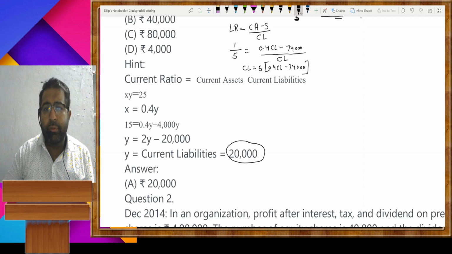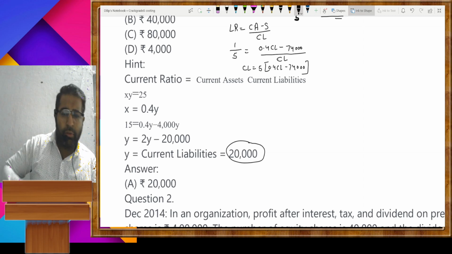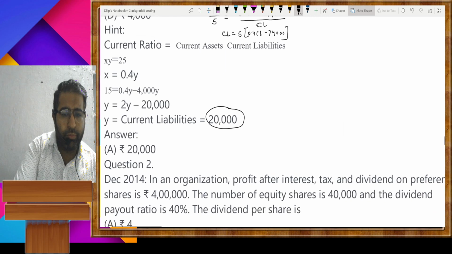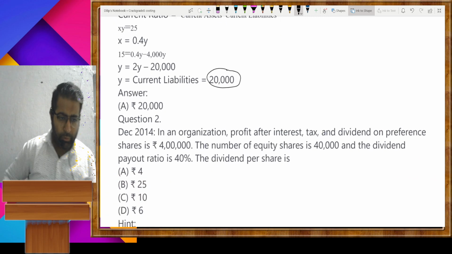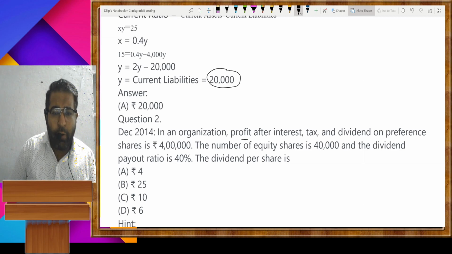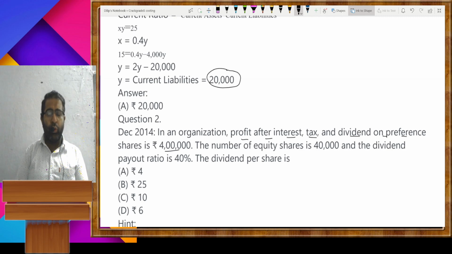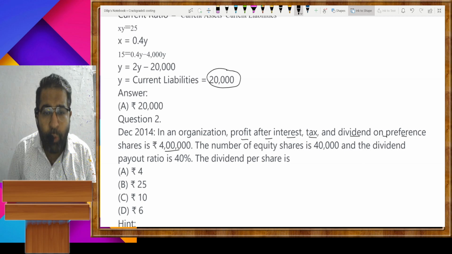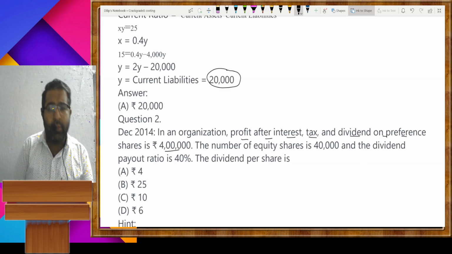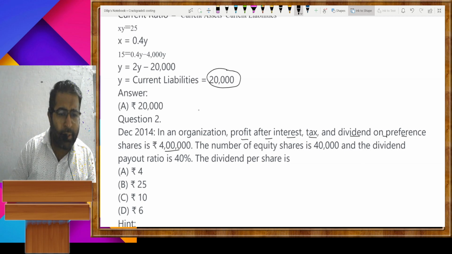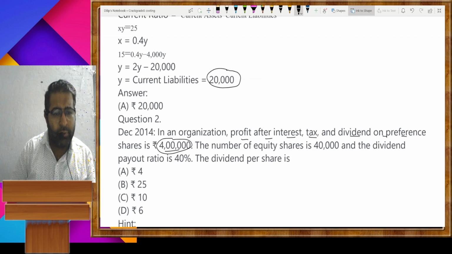Okay, question number 1 completed. Now come to question number 2. In an organization, profit after interest, tax and dividend on preference shares is 4 lakh.